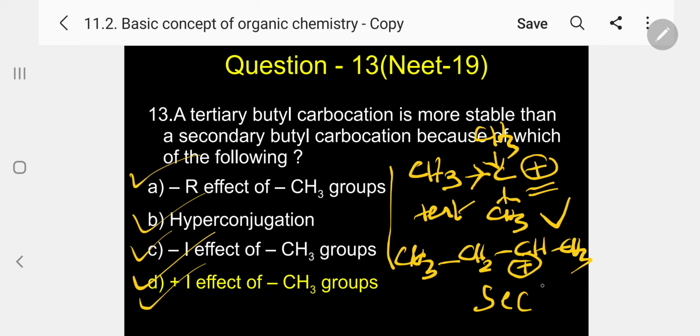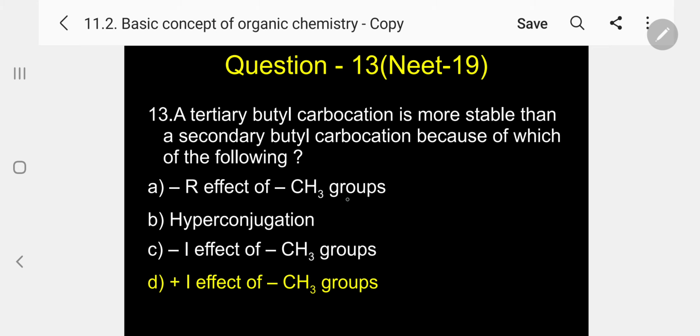In the secondary carbonium ion, only 2 groups, ethyl and methyl, are releasing electrons, compared to 3 groups. So the tertiary butyl carbonium ion is more stable. That is due to the plus I effect of CH3 groups. Please follow. This is the correct answer, coming under the plus I effect, that is, inductive effect.